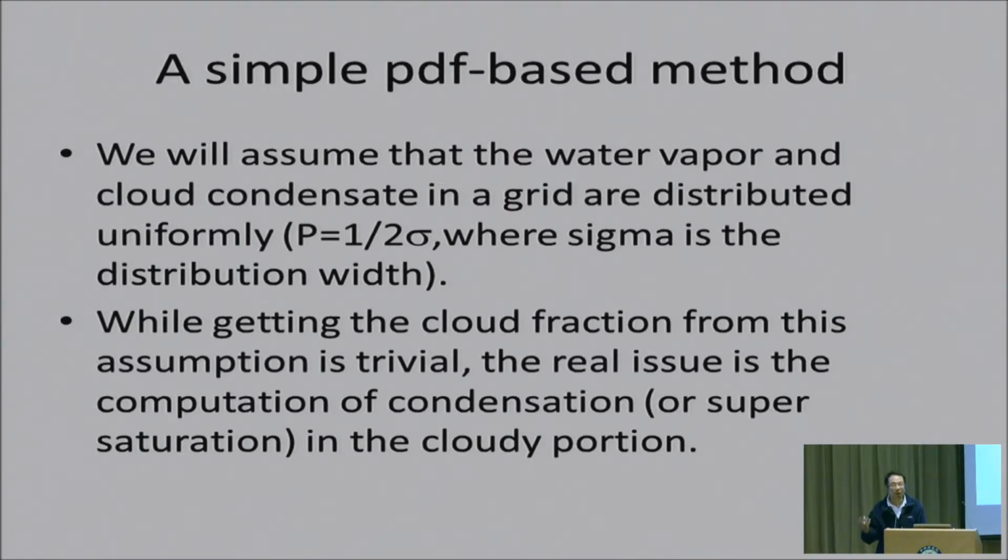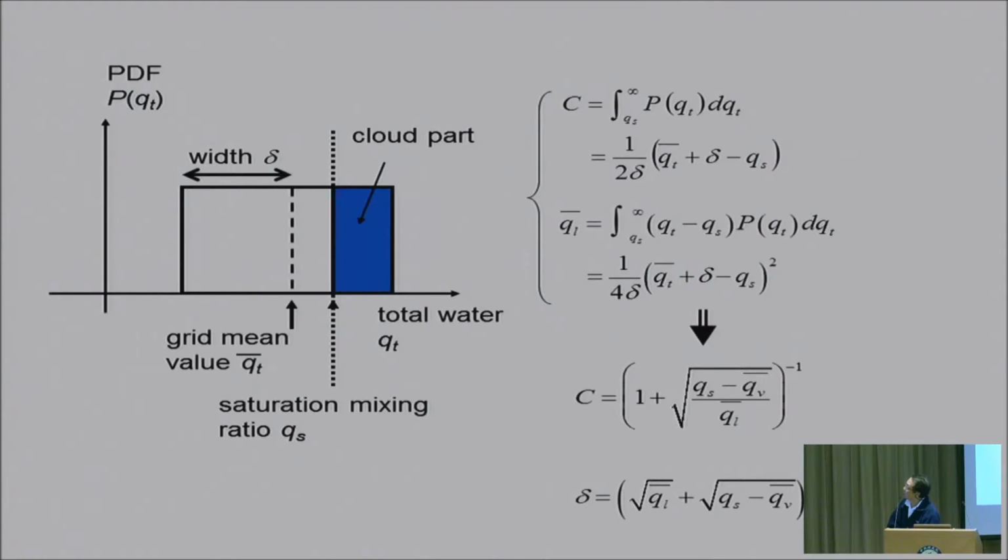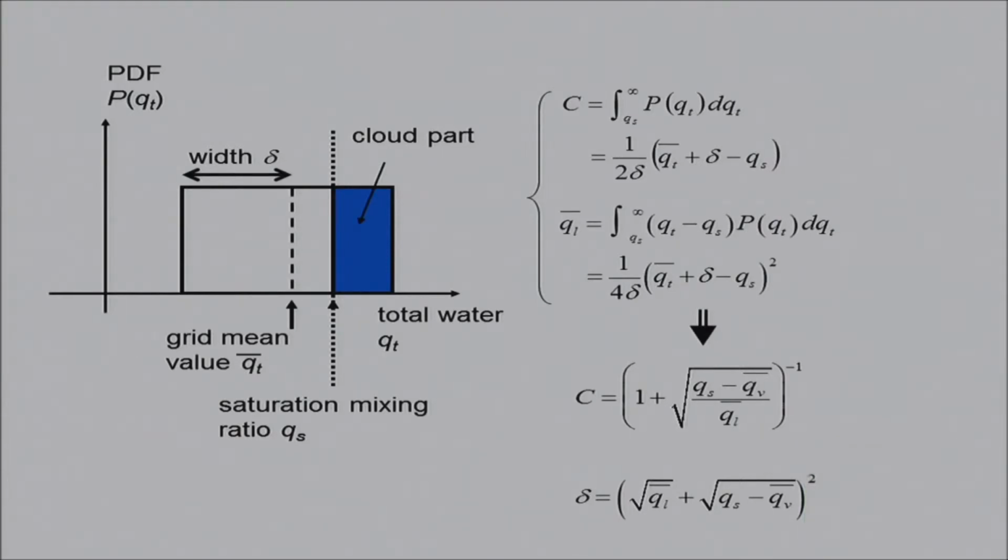We could just make supersaturation and let the microphysics deal with the condensation process itself, because for ice cloud and so on, they are different. So now this is a simple PDF. If you take the Q variables and the probability function here, I'm just going to assume it's a block. And then you can compute the cloud fraction, and you can compute this delta, which is the distribution width. These are the two key quantities that we use in the PDF scheme.